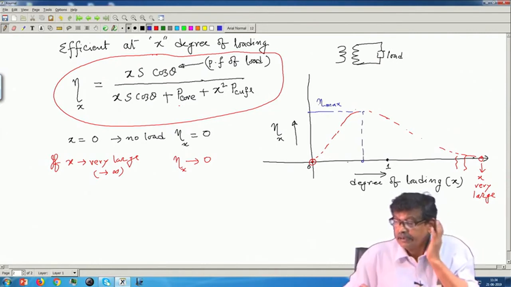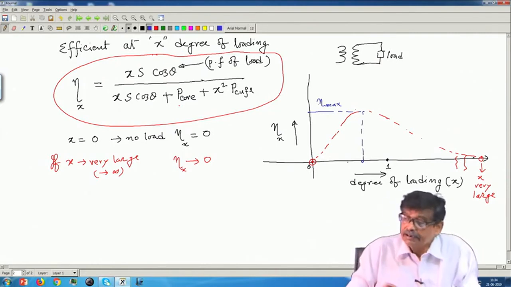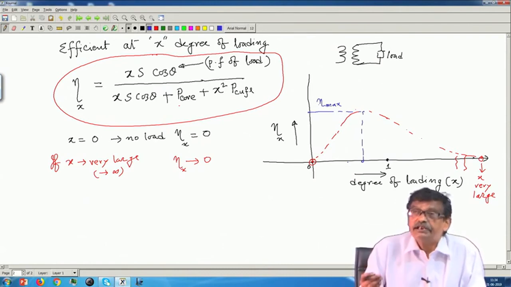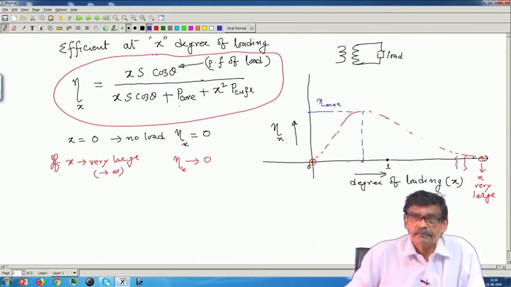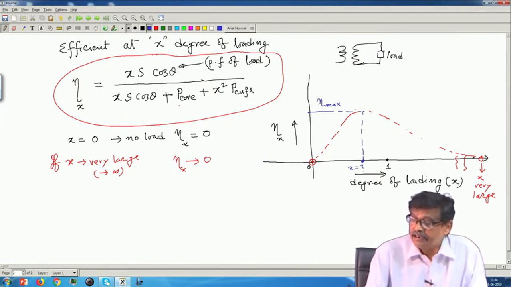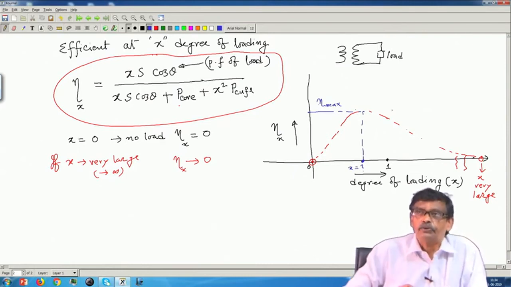Now, it is natural to ask at what degree of loading x efficiency will be maximum. That is the question. So, this value of x is how much, such that efficiency will be maximum. I want to know that.